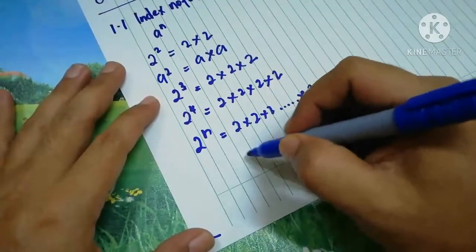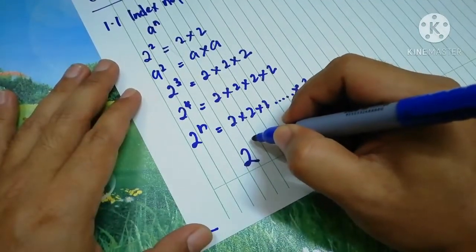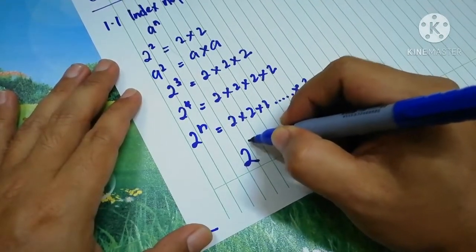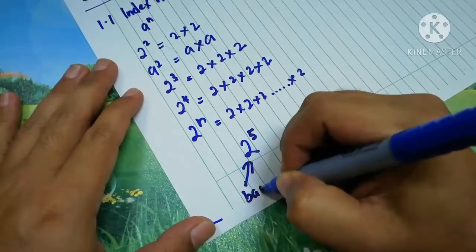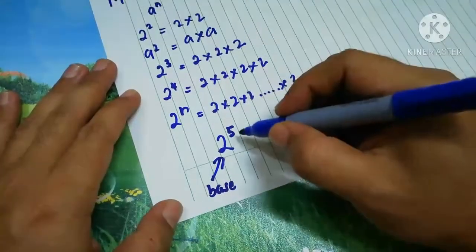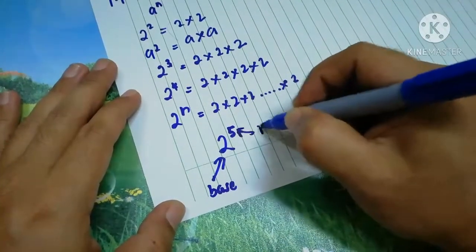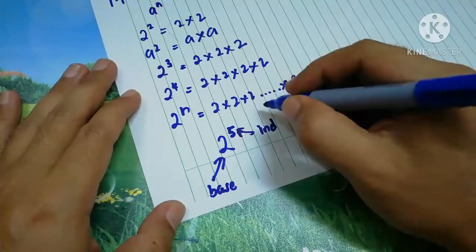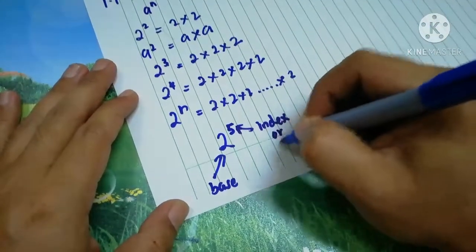Okay, and then 2 to the power of 5. So this one we call as base, and this one is index, or power.